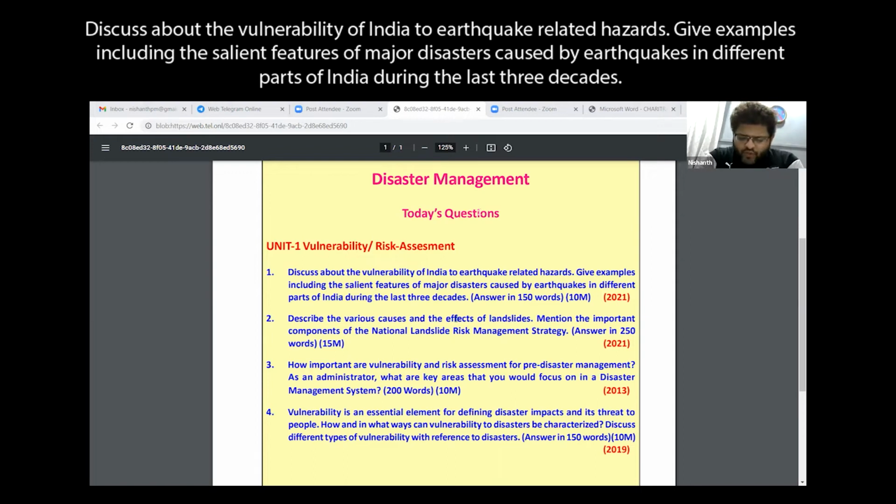Other solutions are earthquake resistant buildings, awareness generation, planning development in a very systematic way, and stopping illegal constructions.